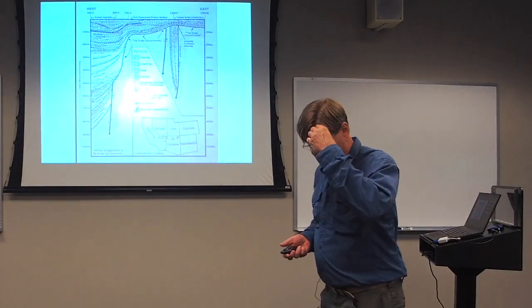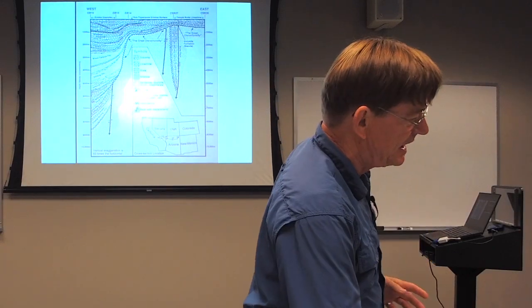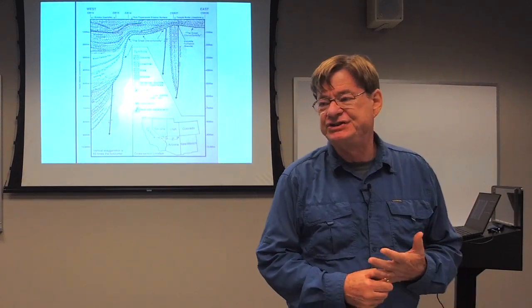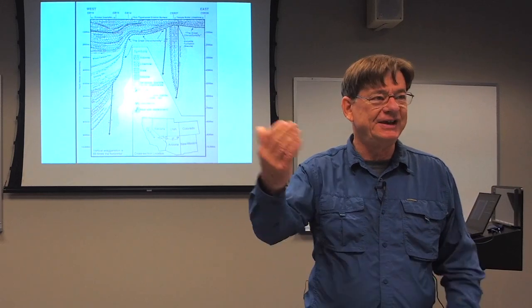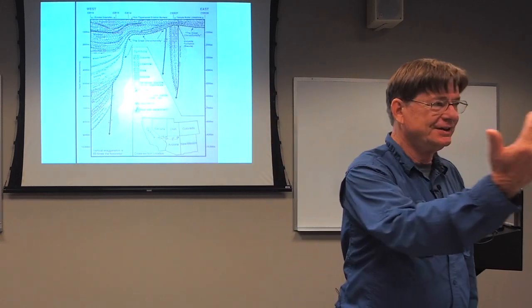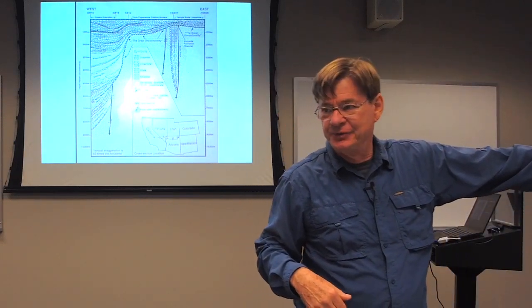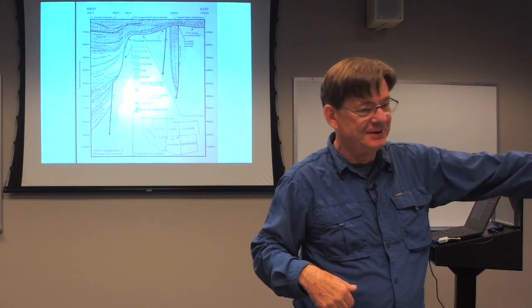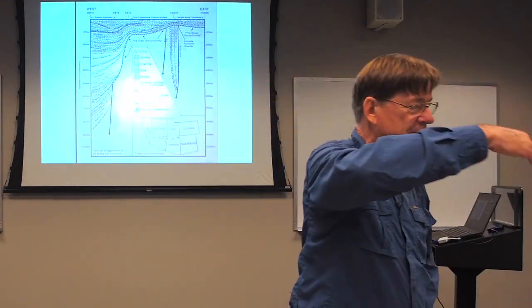Okay, let me share with you the idea or the plot called a paleogeologic cross-section. Have you ever seen a geologic cross-section? You know what a geologic cross-section is? We could draw one through Tennessee from the Mississippi River all the way out to the Appalachian front, and what would we see?